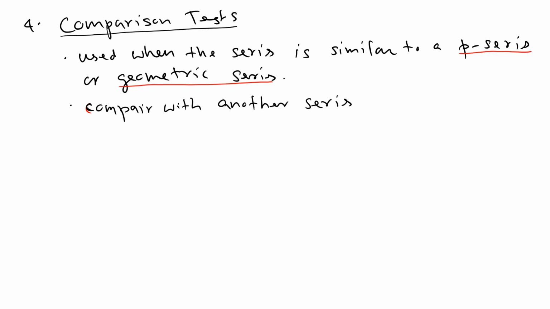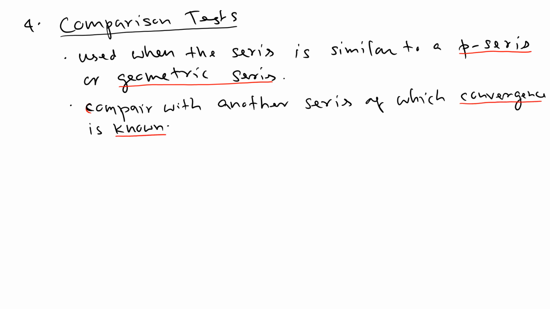That's why we call it comparison. You compare with another series of which the convergence is known. So we're going to test with something of which the convergence is known.